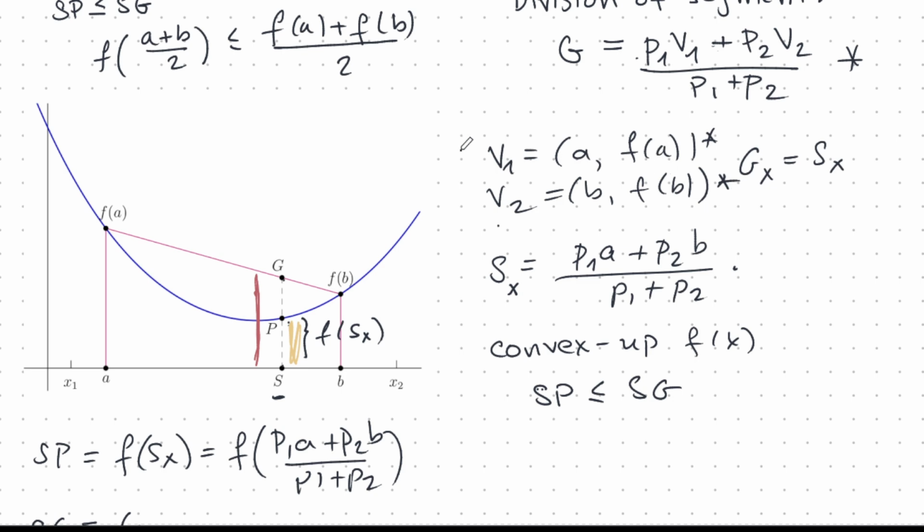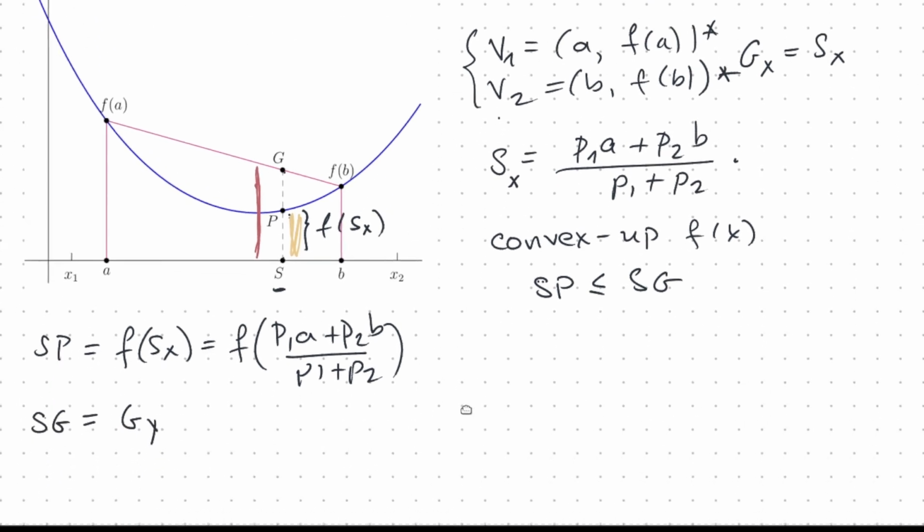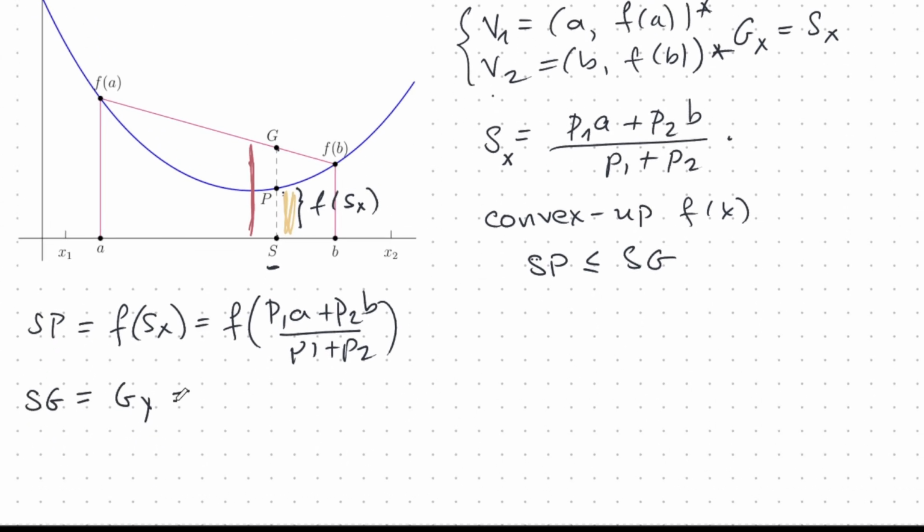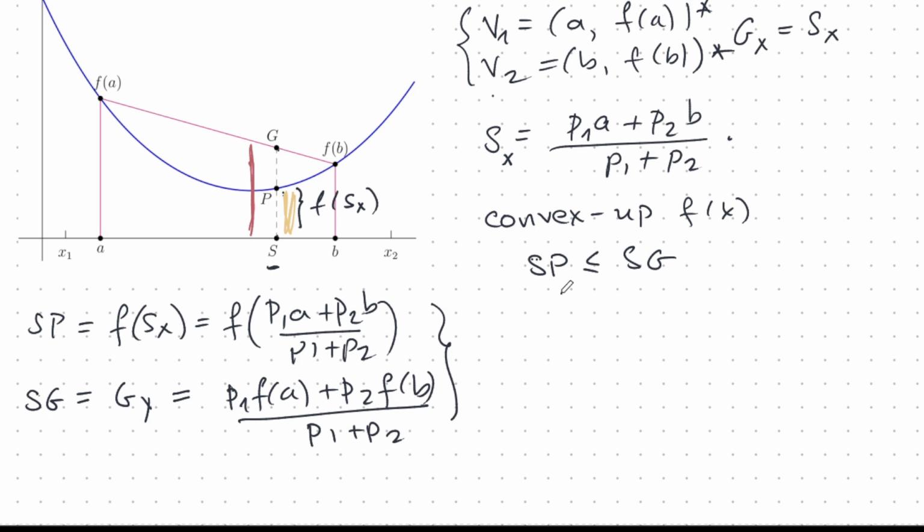So we plug these two into this one here, and we take the y component, gy, and we get this: P1 f of A plus P2 f of B over P1 plus P2. And combining these things, because we know this is the convexity condition, this follows from convexity.